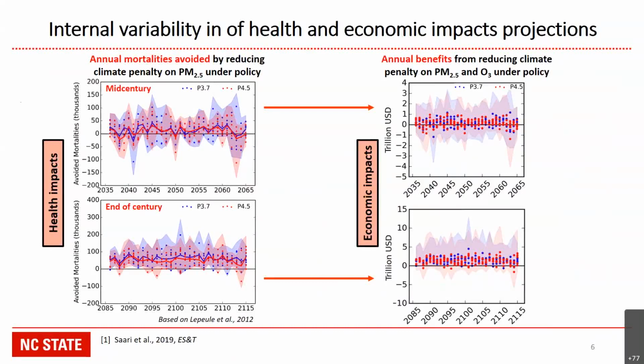You can see this wide range of variations between the avoided mortalities that are projected. We can translate that into economic impacts using the value of the statistical life. And it really leads to this massive spread in economic benefits or economic impacts associated with climate policy when we account for natural variability.